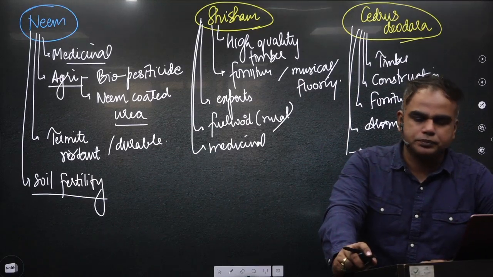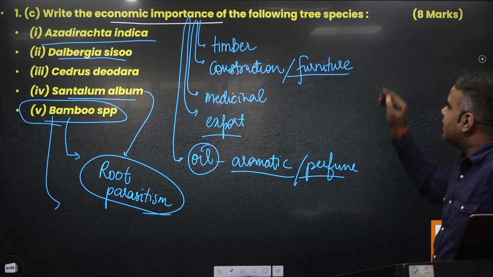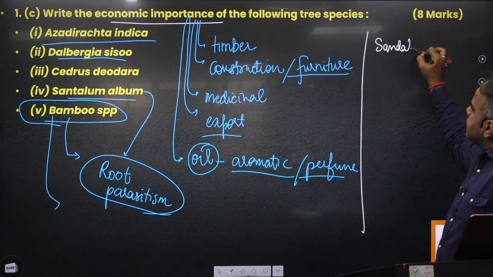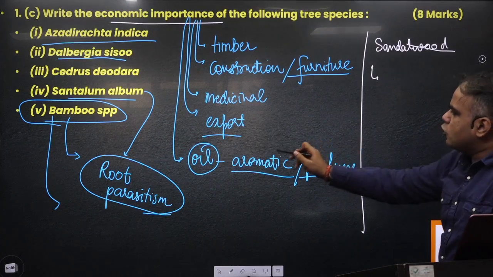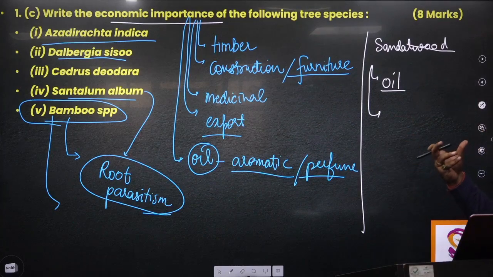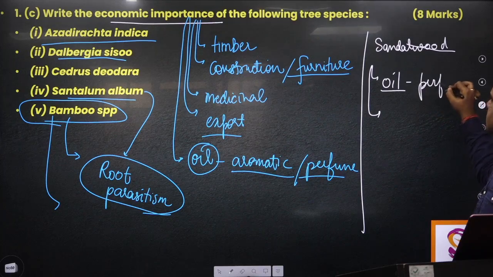Fine. Then we go for Santalum album, that is the Indian sandalwood. Okay, now for Indian sandalwood, few things that you should know. One, again I told you, the sandalwood oil. Okay, this oil is used extensively in cosmetics, in perfumes, right? This is there.